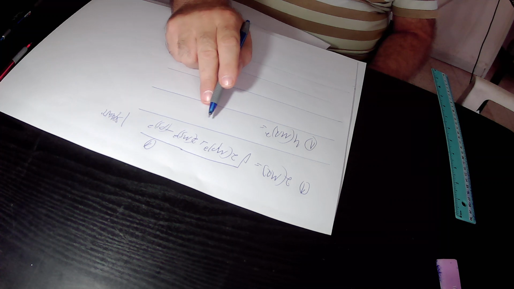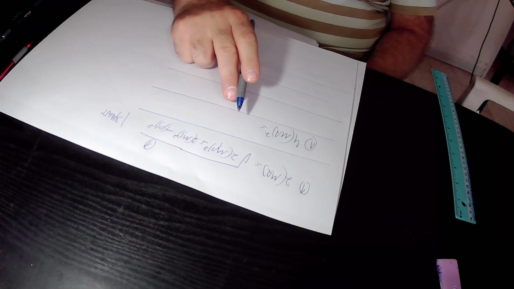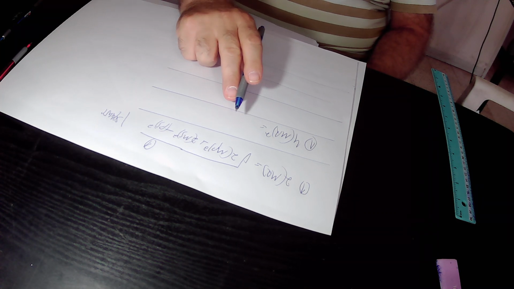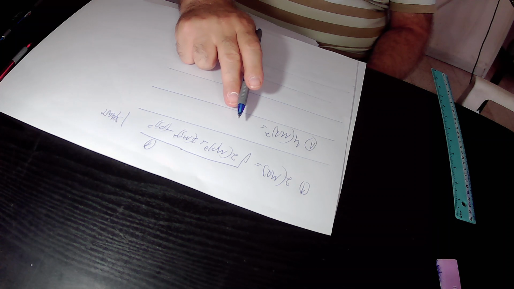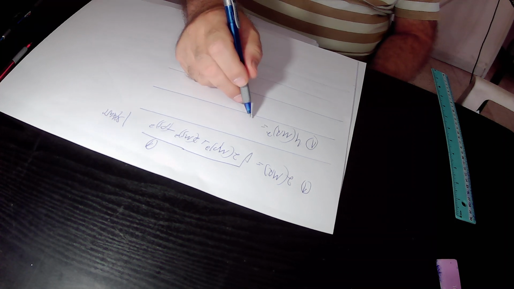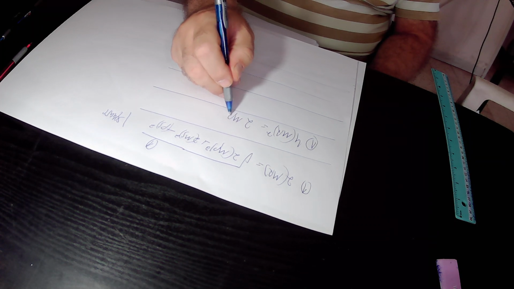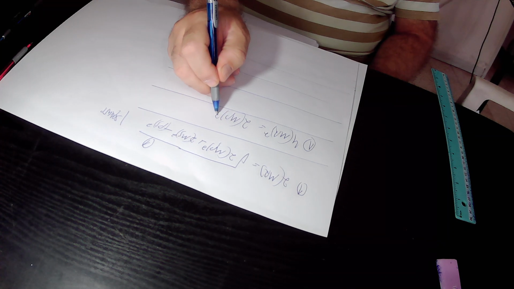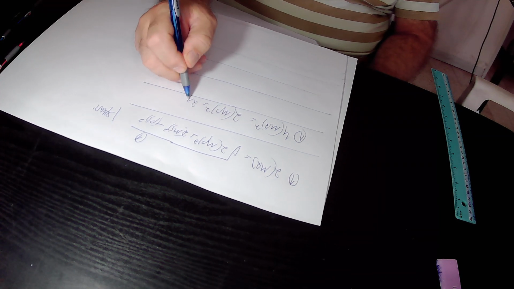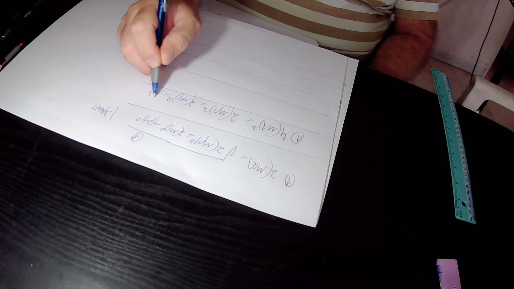Because the square and the root are two opposite operations, the square will cancel the root, and we are left only with what is inside this root. That is to say, we are left only with 2 times MP squared plus 2 times MS squared minus PS squared.